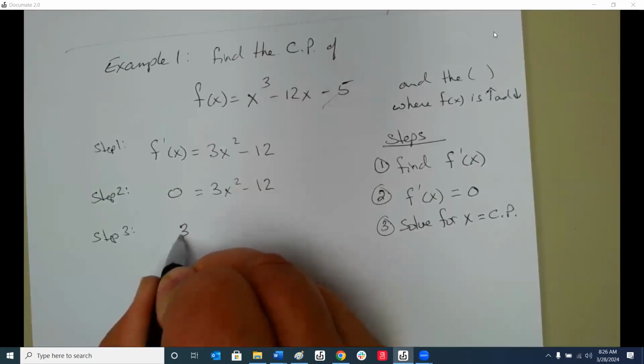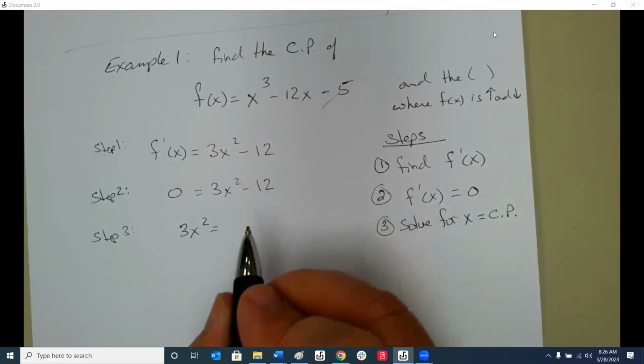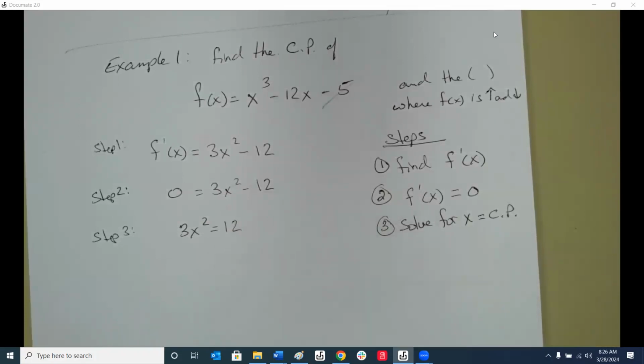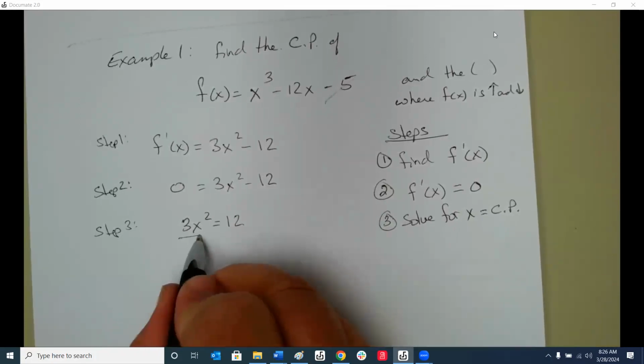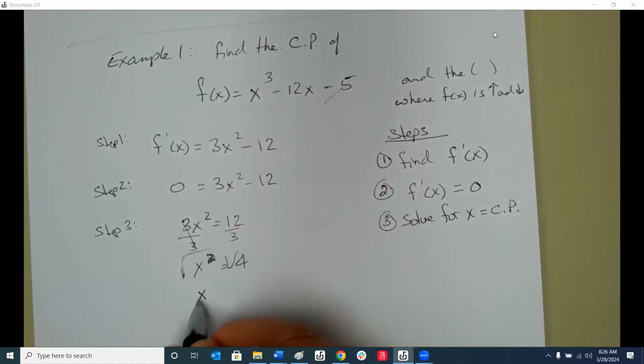So we have 3x squared equals 12 divided by 3 squared. So what does x equal?